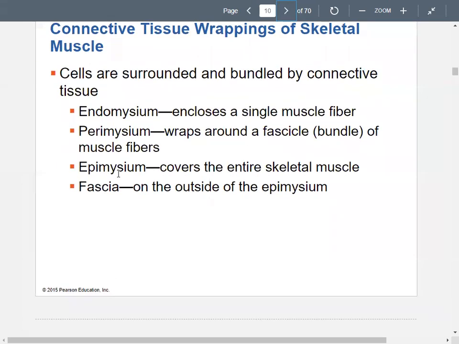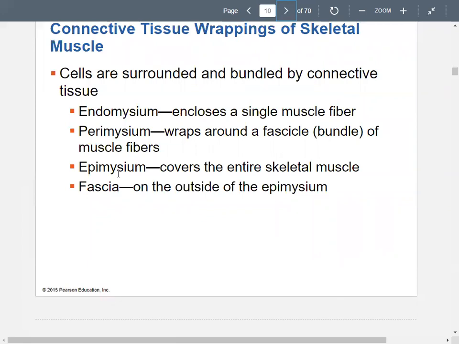Okay, connective tissue. These are wrappings of skeletal muscle, right? So you'll see connective tissue wrapping the skeletal muscle. We have different layers. Endo means inside, or inner, so the endomysium encloses a single muscle fiber.